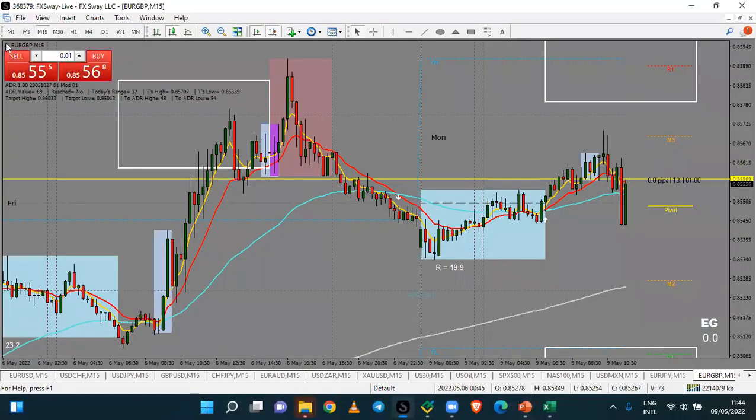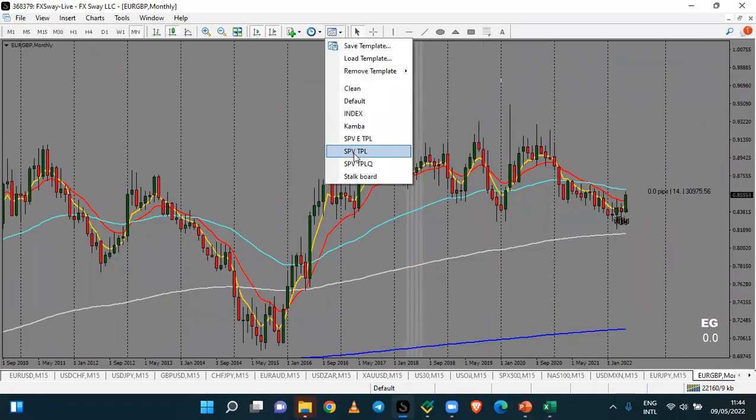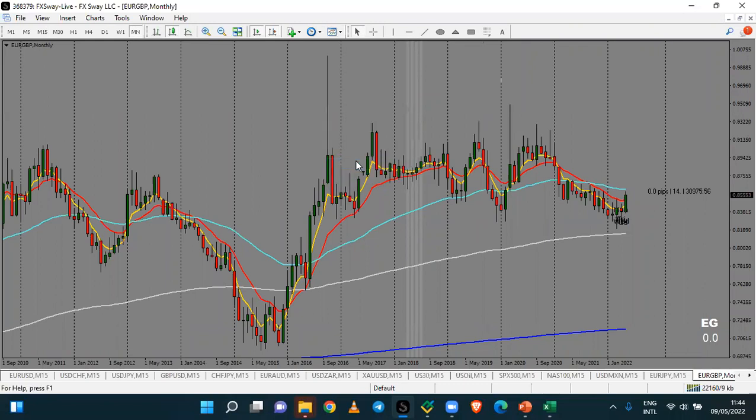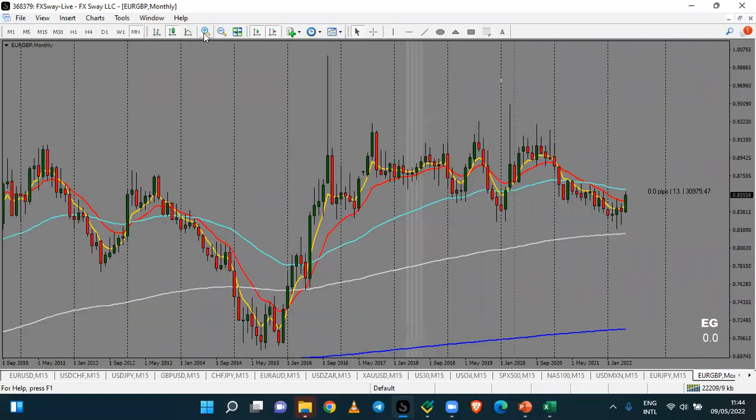Let's analyze. This is EURGBP. We start with the monthly chart.